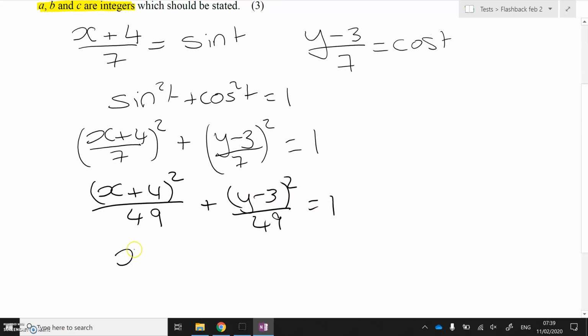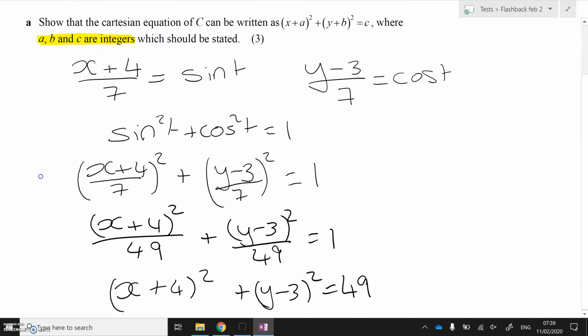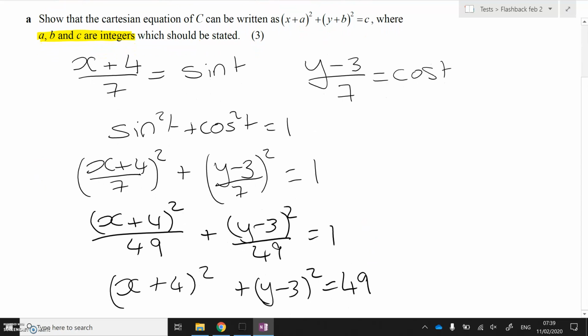And multiplying both sides by 49, we get (x plus 4) squared plus (y minus 3) squared is equal to 49. And so we found a, which is 4, b, which is minus 3, and c, which is 7.